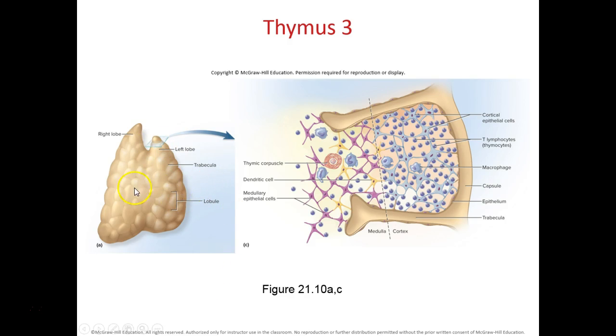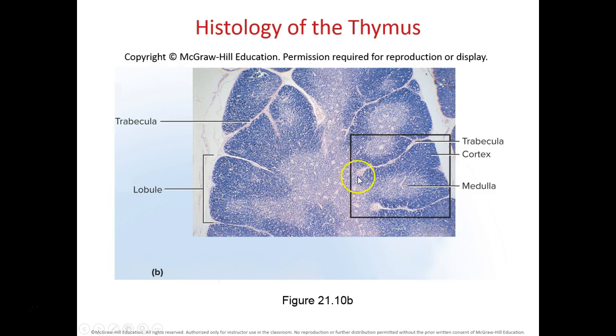All right, so here's showing a picture of the thymus. And here you can see how it has all these cells. It has a cortical part that has all these cells, and then it has the medulla, the inner portion, which has a different group of cells. It has the dendritic cells and the epithelial cells, the medullary, and these thymic corpuscles. So here's showing a stain of that thymus.